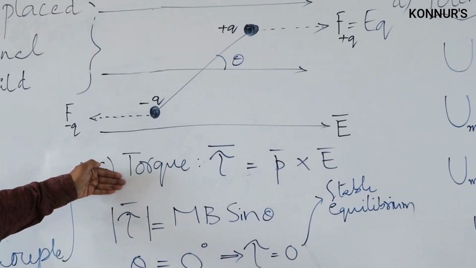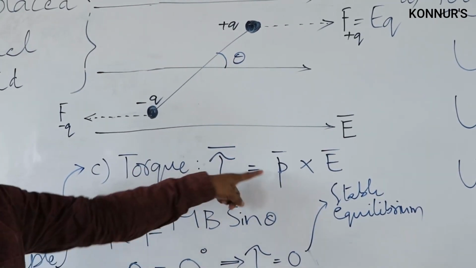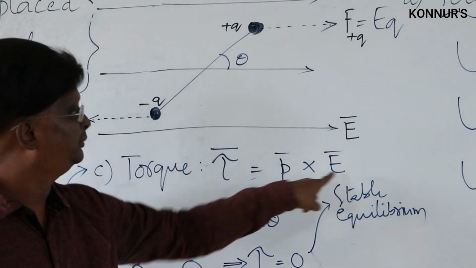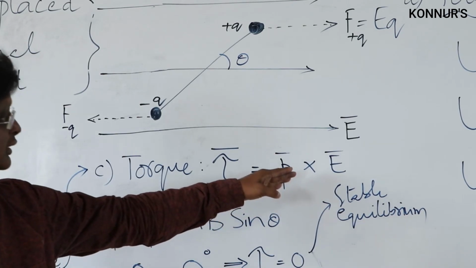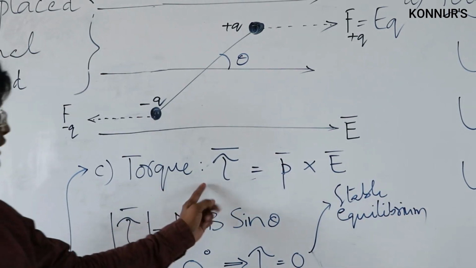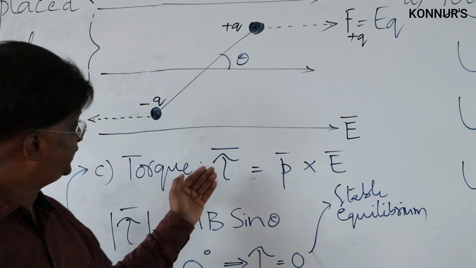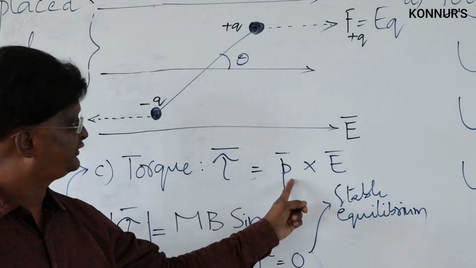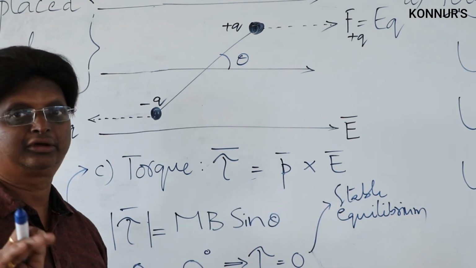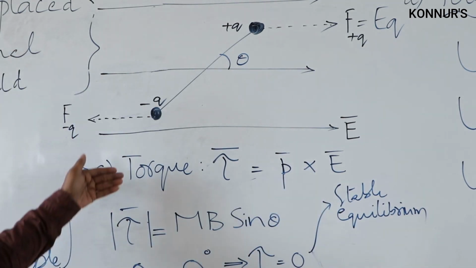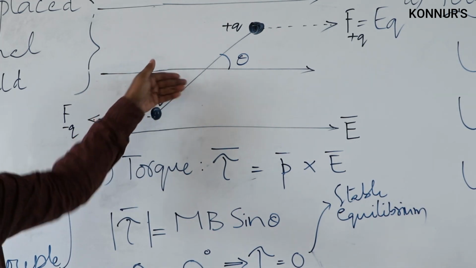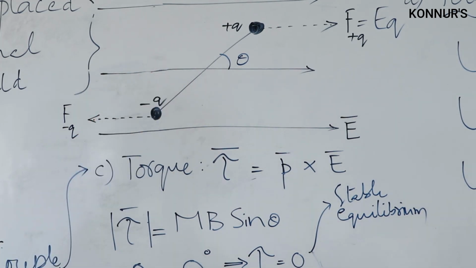Torque on the couple is given by the dipole moment P bar cross E bar. This is not the algebraic product. This is a cross product of vectors. Tau bar, the torque vector, is P bar cross E bar, and this order is very essential in the cross product. Now, because of this torque, dipole will acquire a rotatory motion.